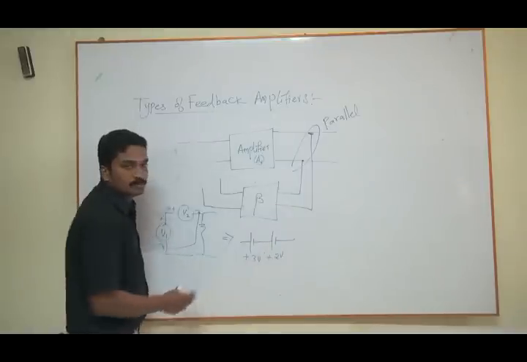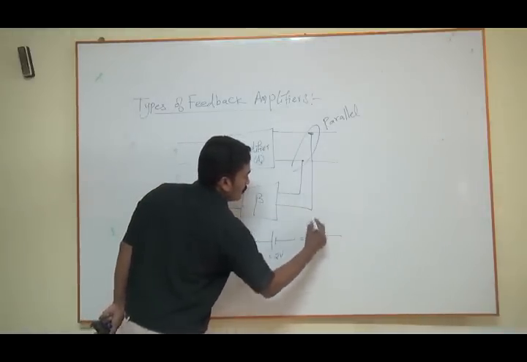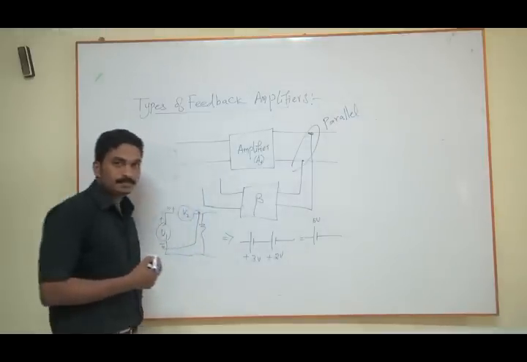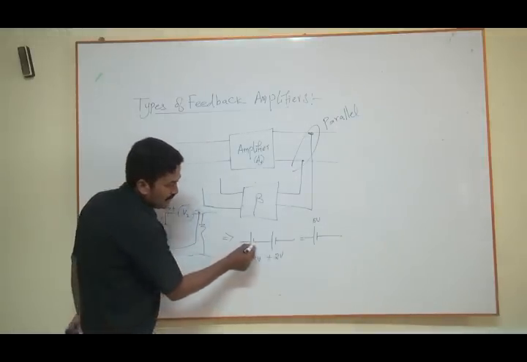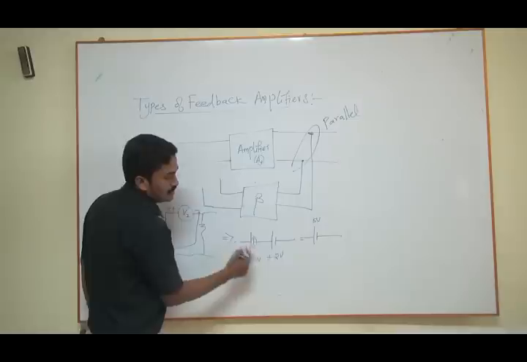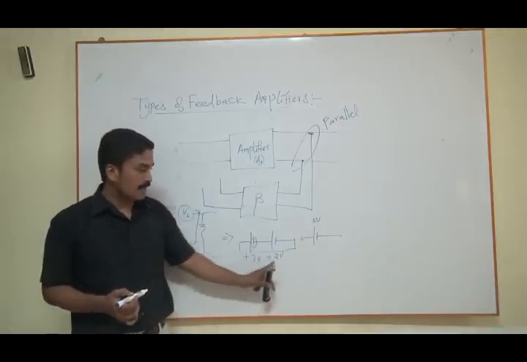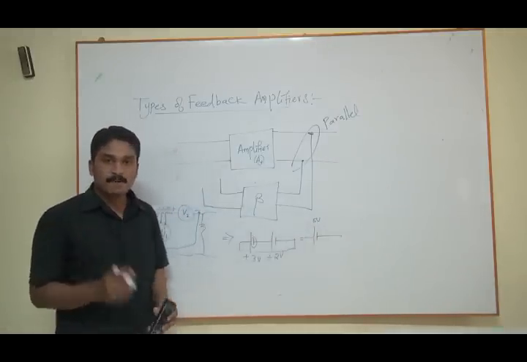If I connect both in series, which gives you 5 volt, right? Which means I have connected this minus to this plus and this minus to this plus. So the total voltage is now added so that I get 5 volt.